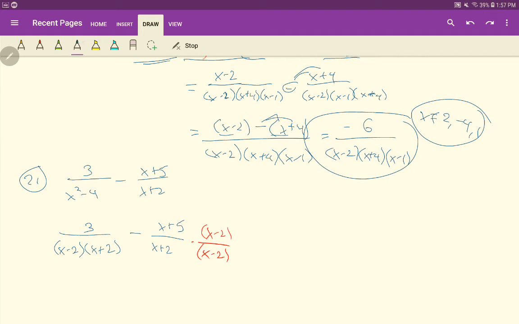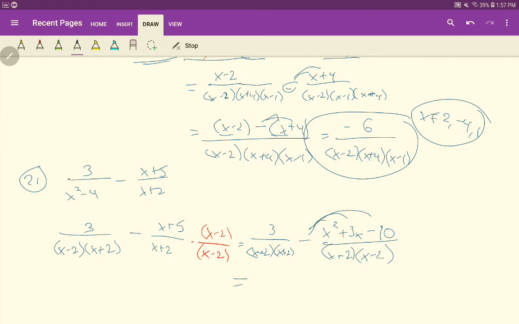So we'll just go ahead and multiply here. We'll get the 3 still over the x minus 2 times the x plus 2. And then we'll multiply this out right here. So again, just x squared, plus 5x minus 2x, so plus 3x minus 10 over, and again, I'm not going to multiply out that denominator.